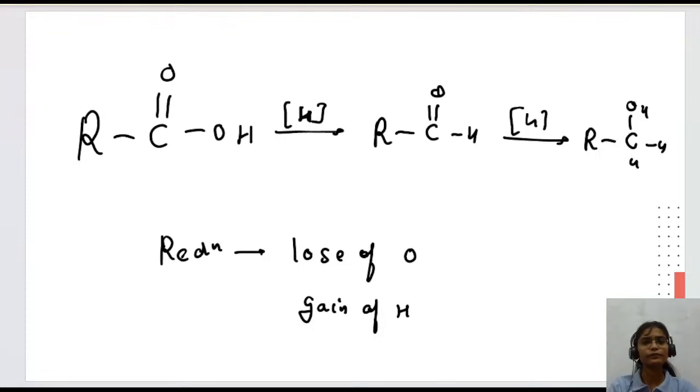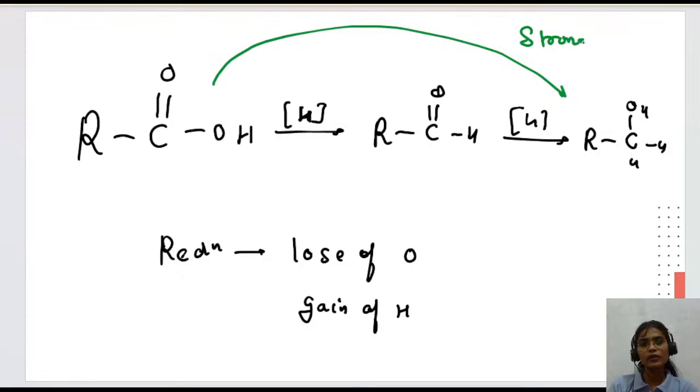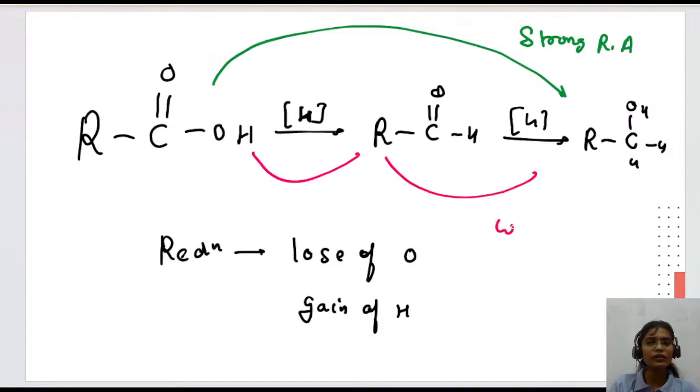Now listen, if you directly want to convert the acid into the alcohol, we are going to use a strong reducing agent. But in this step, like here or here, we can go with the weak reducing agent as well. Why? Because obviously it's a single step reaction.